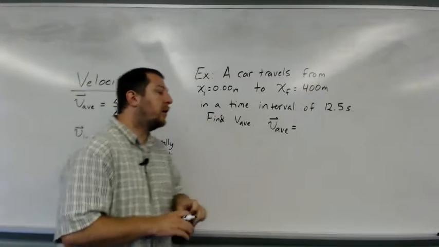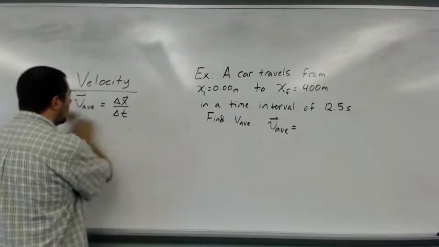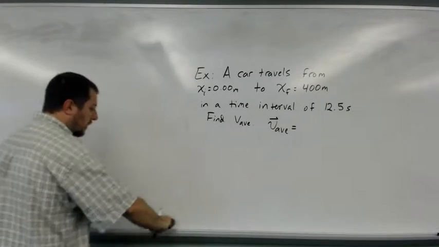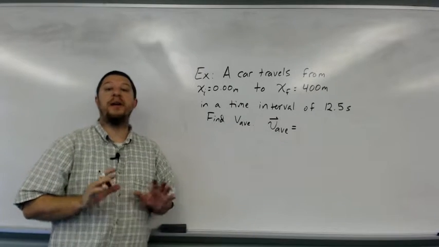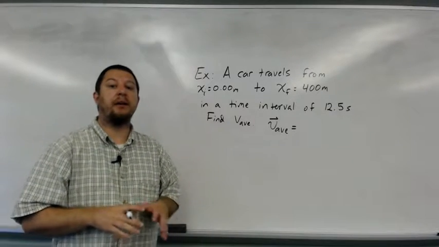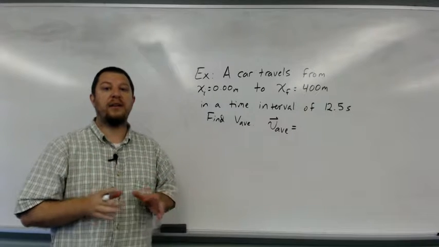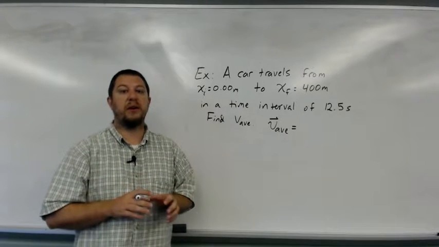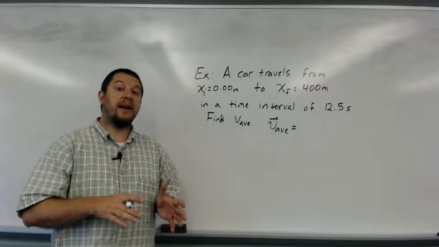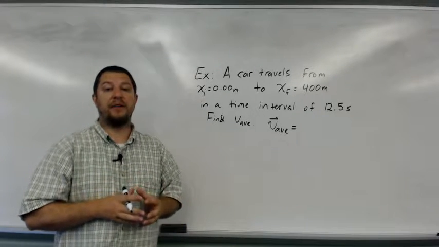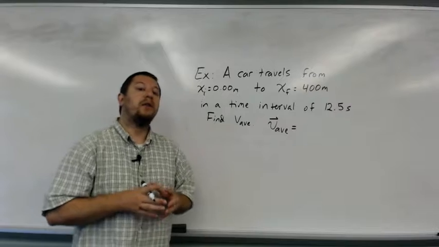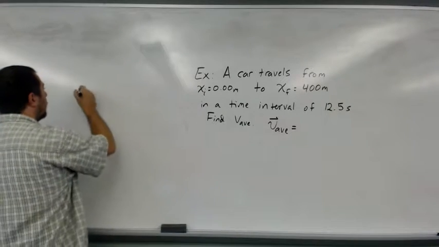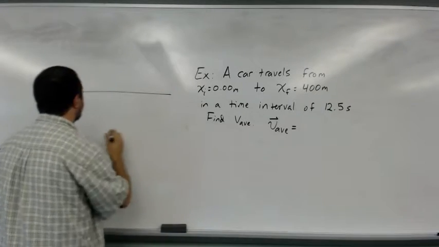Now, what we want to do is get in the habit of drawing a diagram. We can solve this problem without drawing a diagram, but we're going to draw a lot of diagrams, and it will never be a bad thing to get into the habit of doing so. And in drawing a diagram, we're also going to get in the habit of defining a coordinate system. So let's draw a diagram, and we'll define our coordinate system.